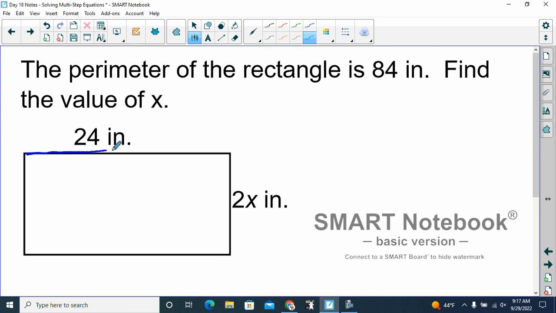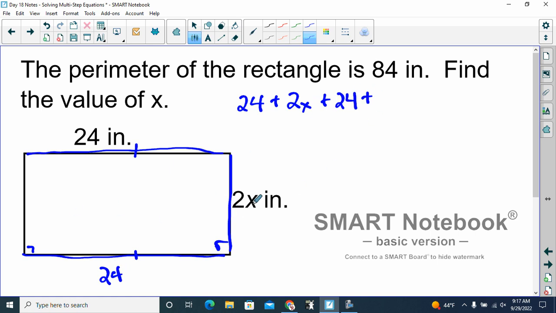So this side right here is 24 inches plus this side here is 2x inches. This side, remember, a rectangle, these are right angles, and these two sides are equivalent. So if this one's 24 inches, this one's also 24 inches.